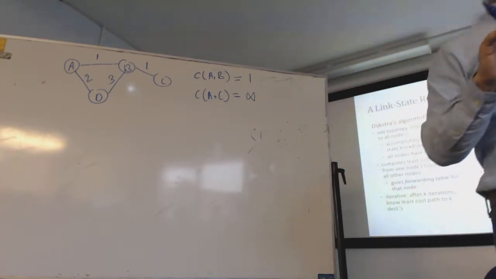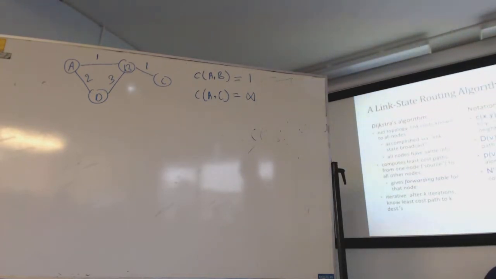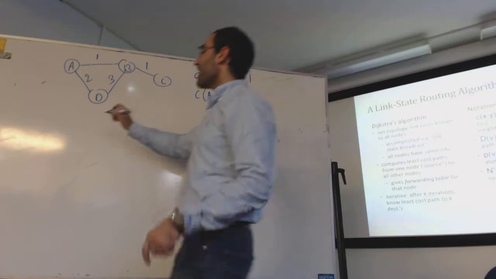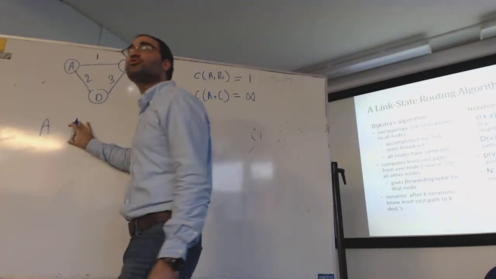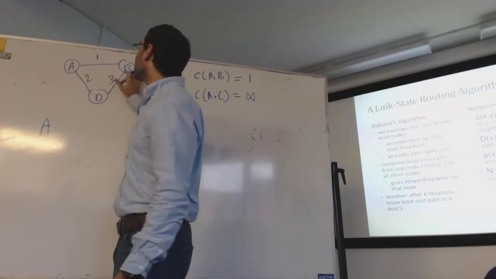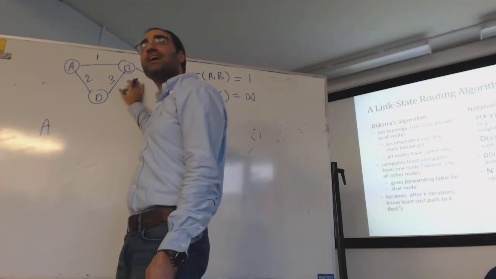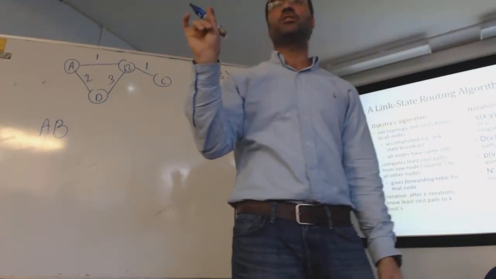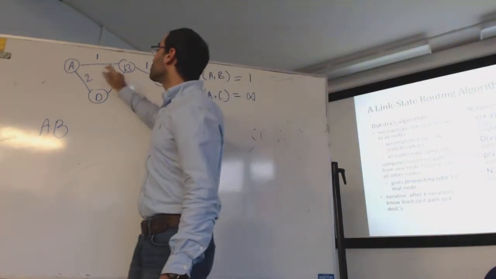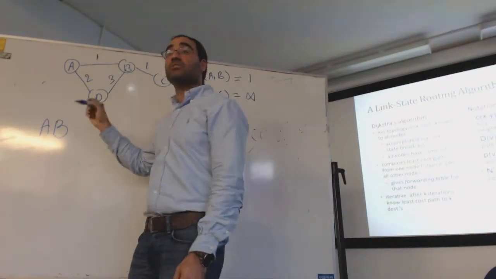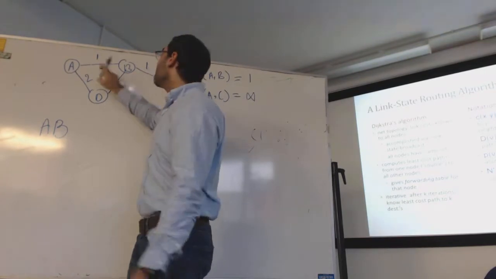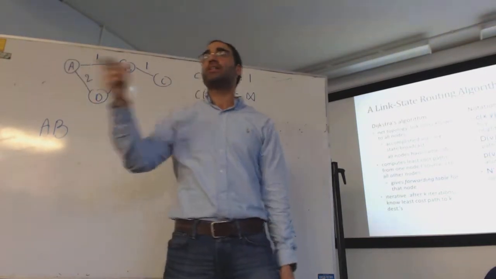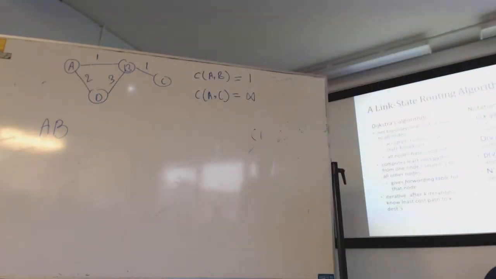Could you explain why you don't go through the others? At the moment, you just have A in your table, so you don't have other nodes to route through. B is not an intermediate node. If I don't give you B as an intermediate node, you cannot use it. So you are only able to use the direct connections. If you have B in your table, then you can do that connection, which I'll explain next.